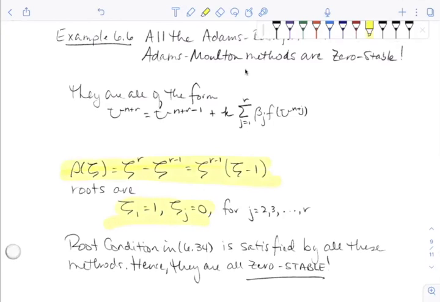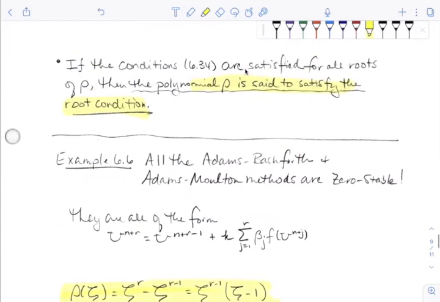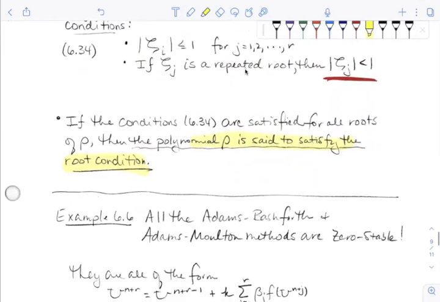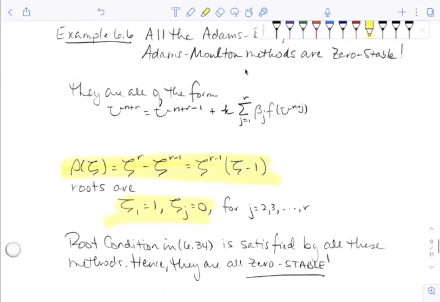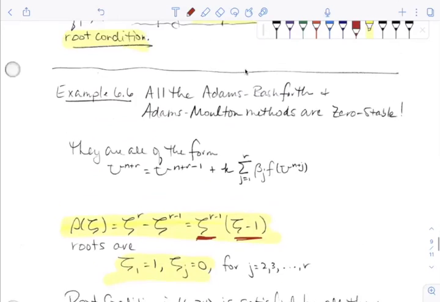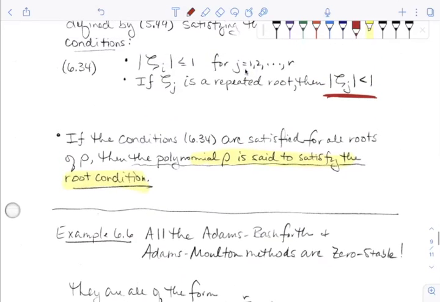So if I look back here at 6.34, I have a repeated root of 0, r minus 1 times, that's this piece right here, and then zeta 1 equal to 1 is an individual root of multiplicity 1, so it actually also satisfies that expression in 6.34.